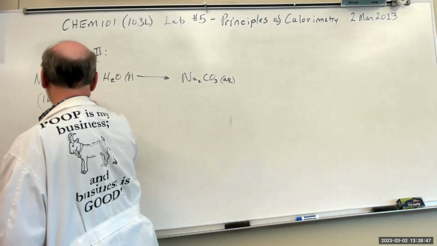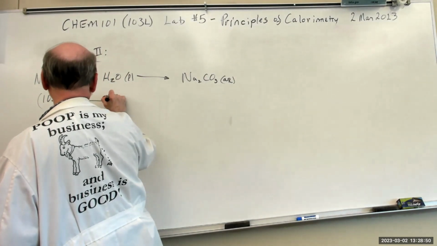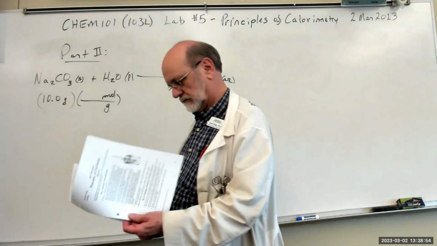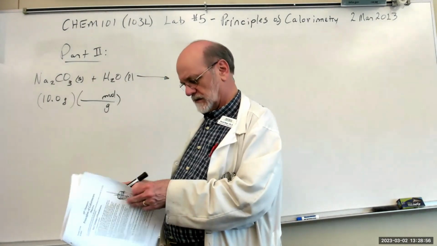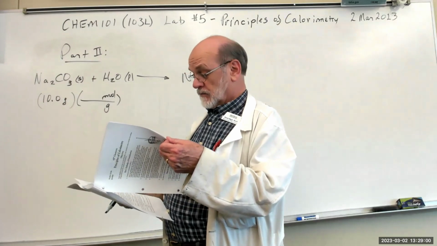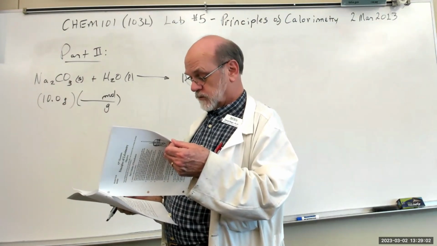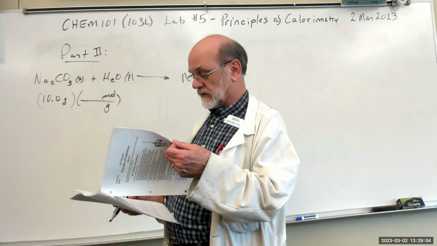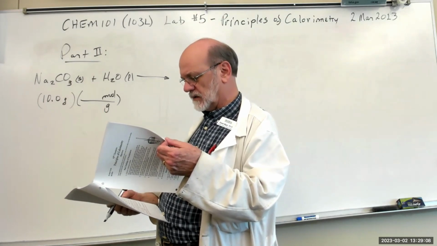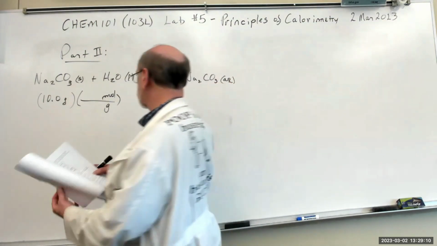You need a value here for the molar mass of sodium carbonate. I don't know if I have it or not. Oh, there it is. 106 grams per mole. Yep, 106 grams per mole.